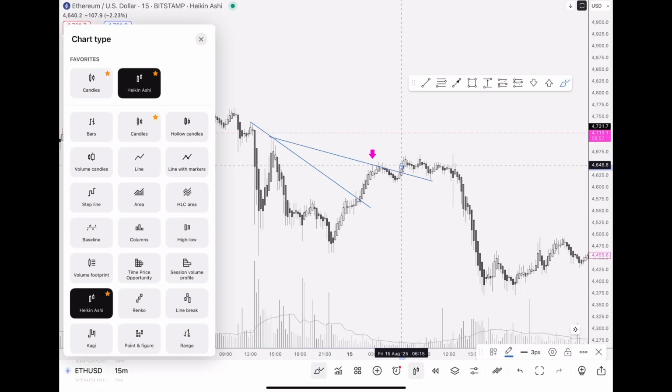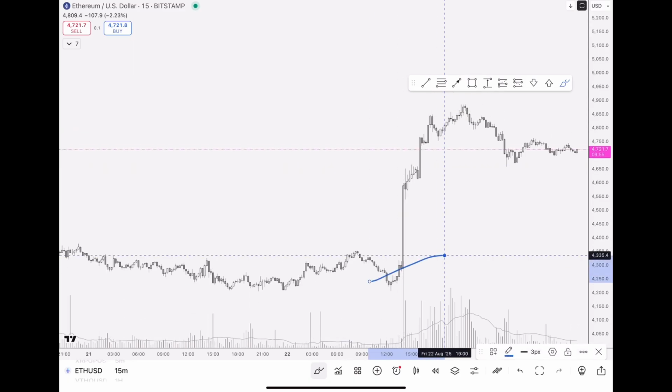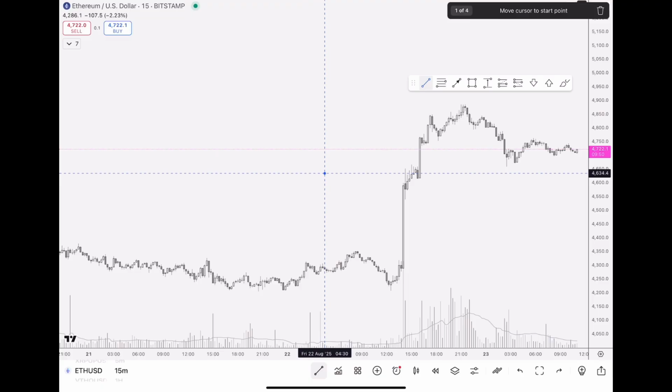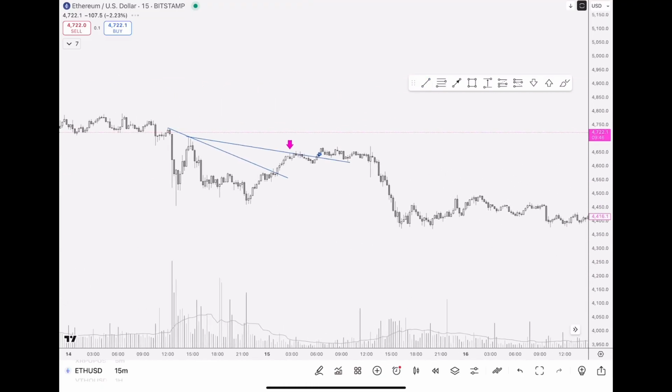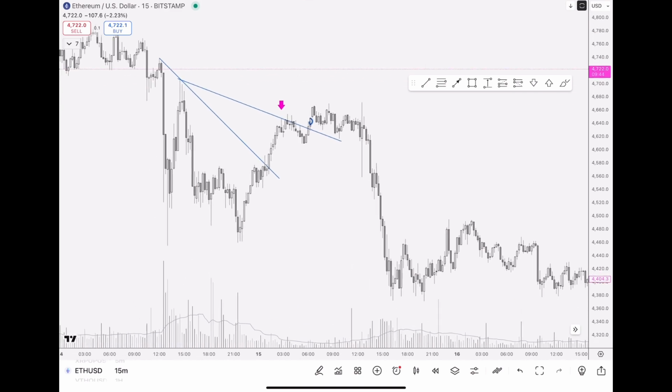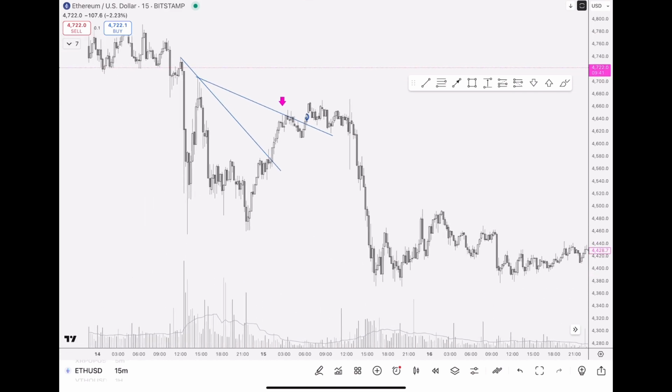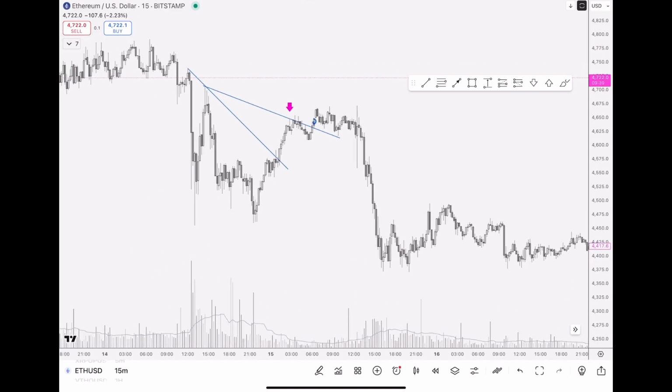So if we switch back to normal candles, that's what it gives us. You can see the low is well below the fork, so that's kind of a useless setup.